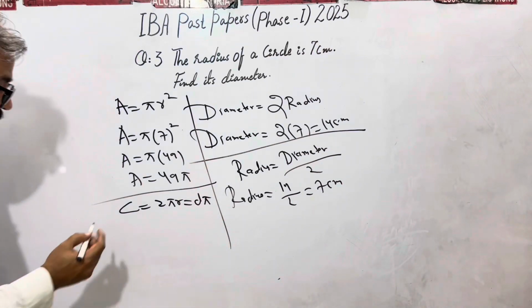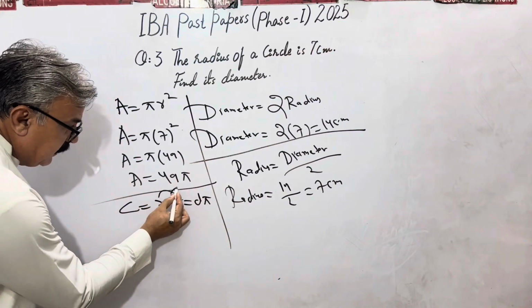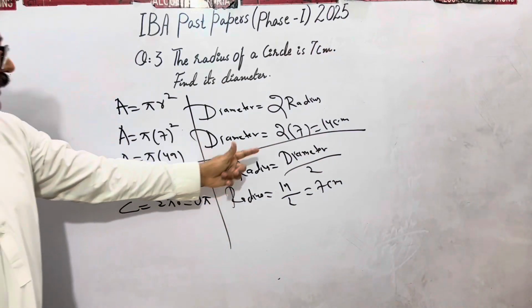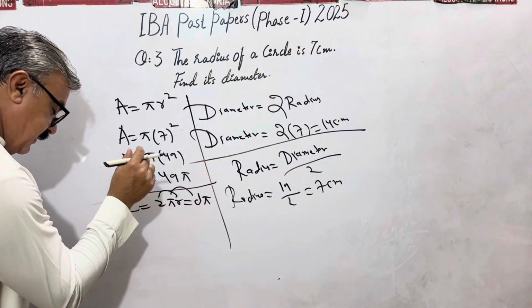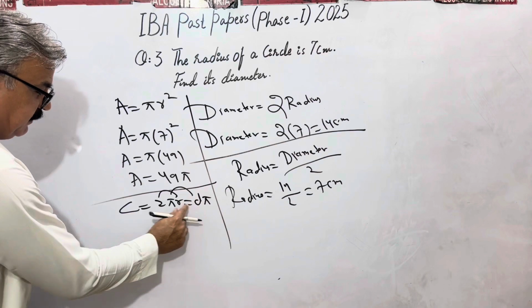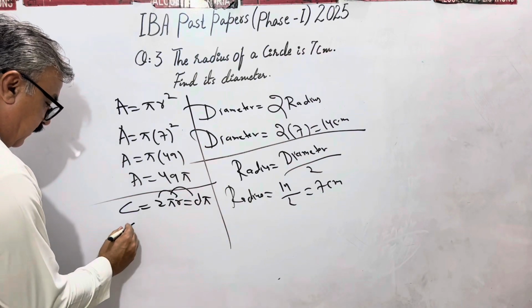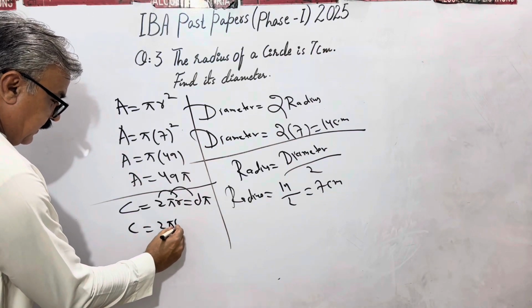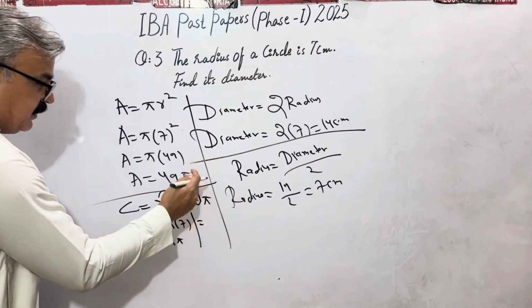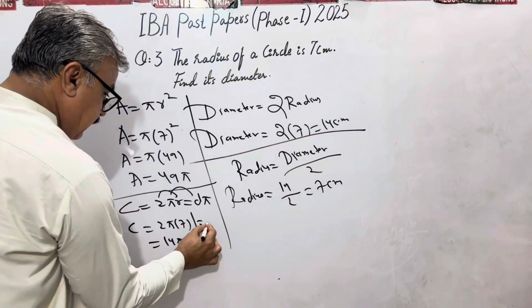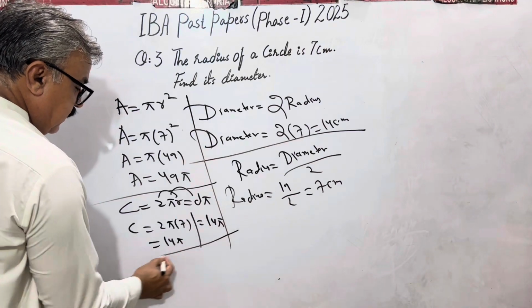They are equivalent. Instead of 2r, one can write d, because d is equal to 2r. 2r means diameter. Put the value of r here: 2 times pi times 7 becomes 14 pi. Or put the direct value of diameter, 14, and it's also 14 pi.